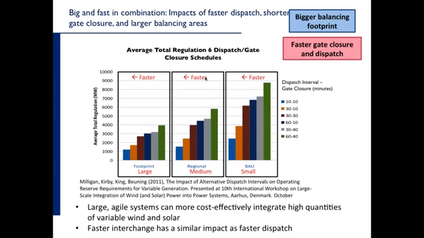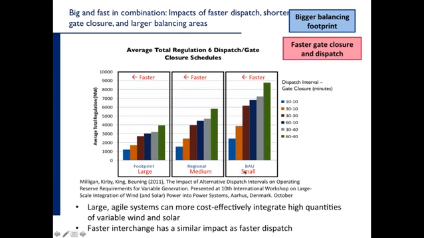Now this particular graph would probably take another 2 hours for me to talk about in detail, but I want to go through this fairly quickly. This is based on some work that we did in the United States, where we looked at the entire Western Interconnection, and we calculated the amount of regulating reserve that would be required under alternative sizes.